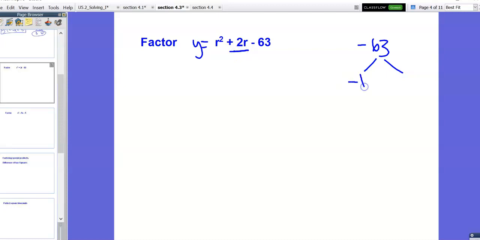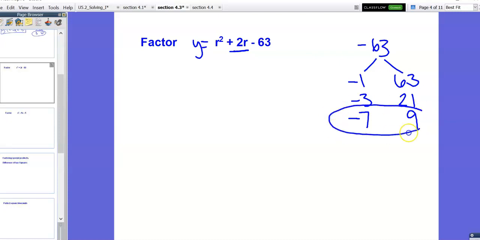So negative 1 and 63, negative 3 and 21, and then negative 7 and 9. The pair that adds to make positive 2 is negative 7 and 9. So we would have y equals r minus 7 times r plus 9.